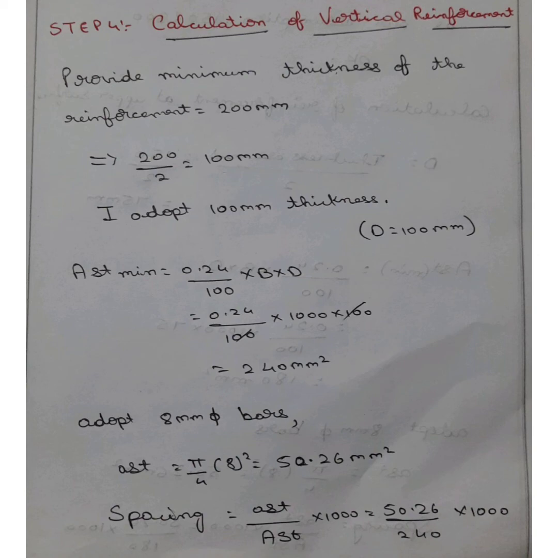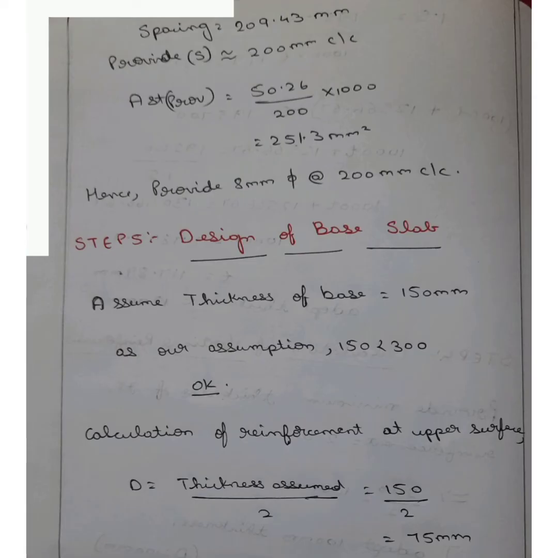Assume 8 mm diameter bars. After calculation, spacing value equals 209.43 mm. AST provided equals 251.3 mm square. Hence, provide 8 mm diameter at 200 mm center to center spacing.